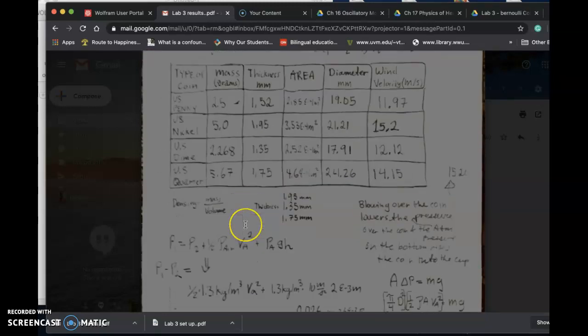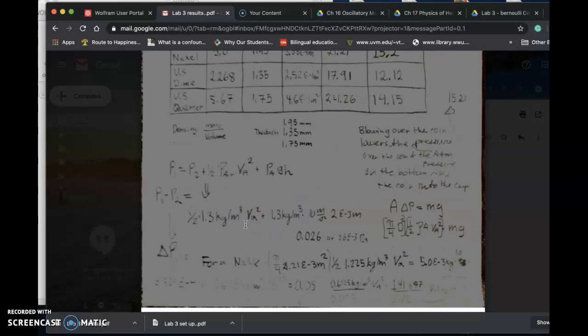Now, this can be rewritten. We know this is at atmospheric pressure and it's not changing in pressure.